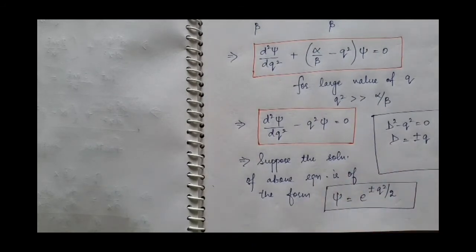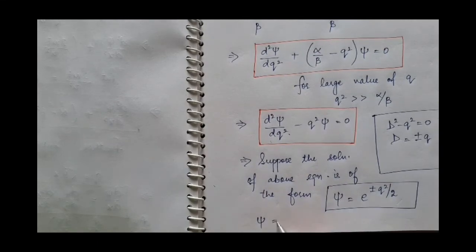Now suppose this is the solution of this equation, and in the next video we will solve for the exact solution. What will be the general form of solution? It will be psi is equal to hq e raised to power plus minus q square by 2.